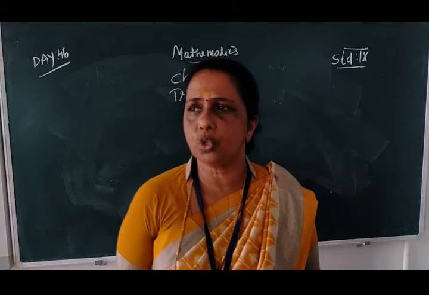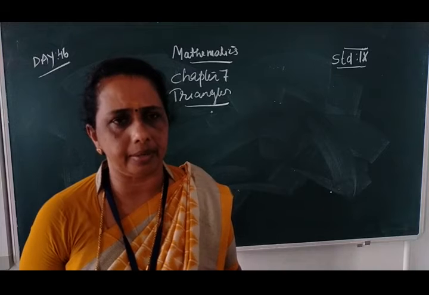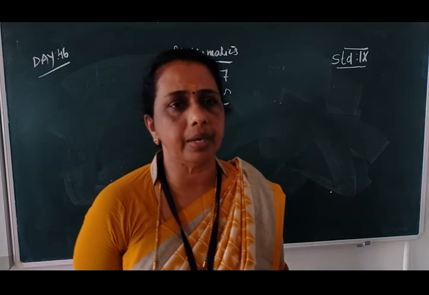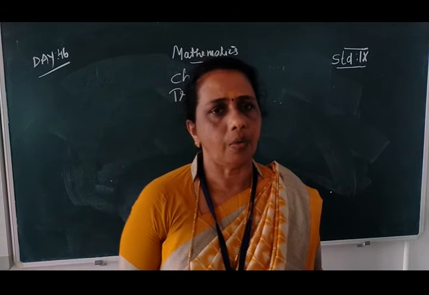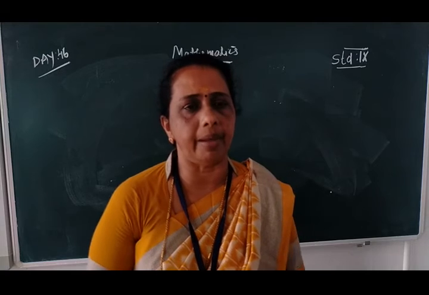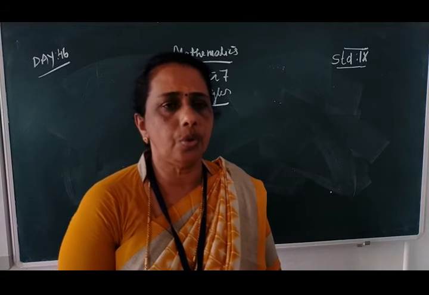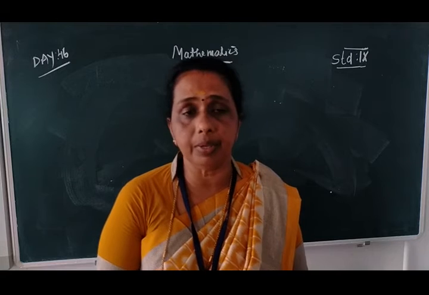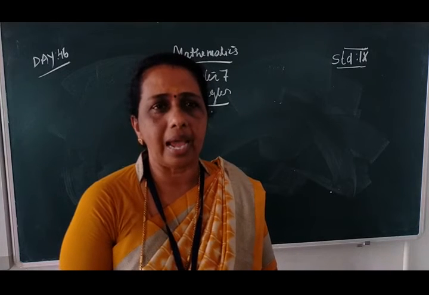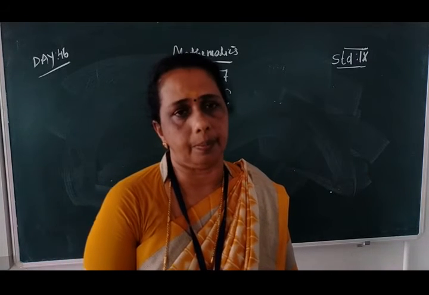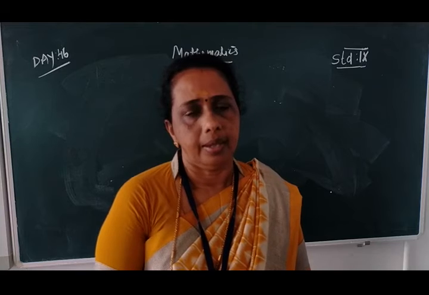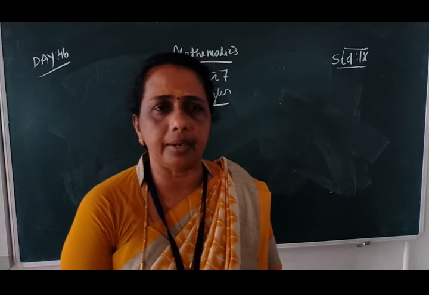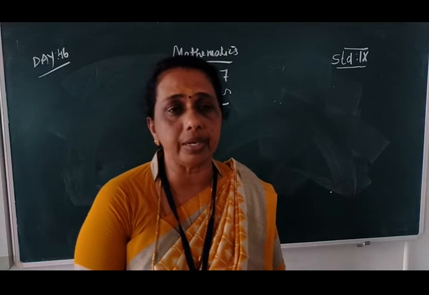Or two blades from the same packet. Or two ATM cards issued by the same bank. Or two 1-rupee coins minted in the same year. All are identical objects. These figures are called congruent figures.